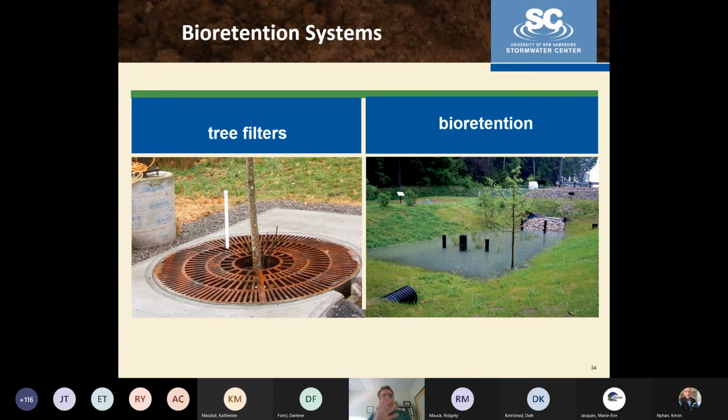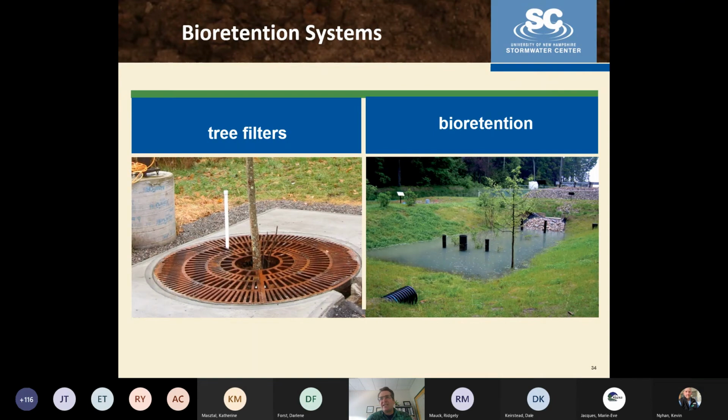That's going to be a characteristic, and that's largely going to determine maintenance burden. And then the larger your hydraulic loading ratio, the more infiltration capacity you want in your filter. So for a lot of the proprietary tree filters, these are small areas that drain larger drainage areas, and they're pushing infiltration rates upwards of 100 inches an hour.